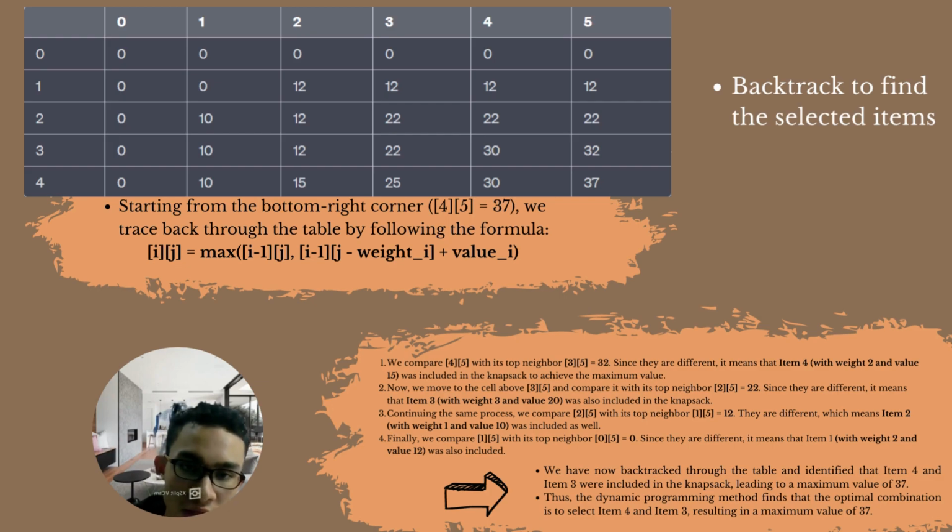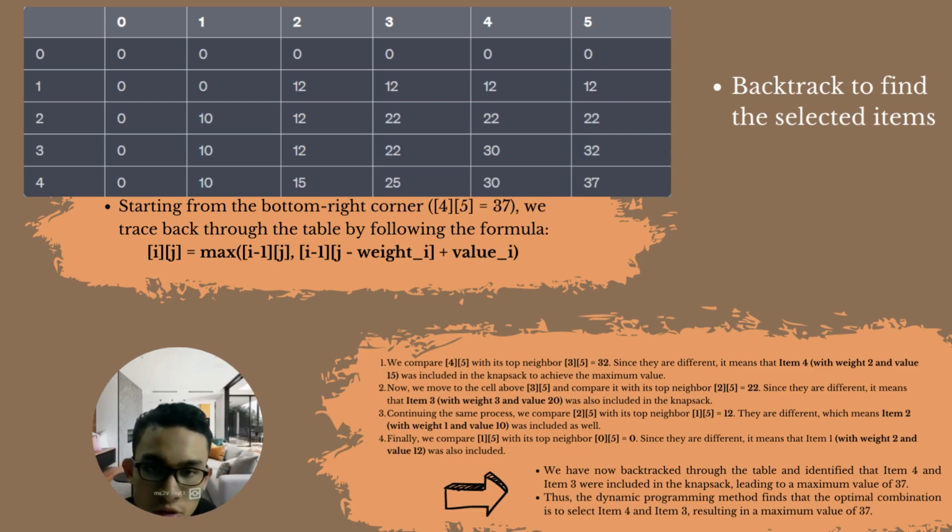Second, we move to the cell above, which is row number 3, column number 5, and compare it with its top neighbor, row number 2, column number 5, equal to 22. Since they are different, it means that item number 3, with weight equal to 3 and value equal to 20, was also included in the knapsack.